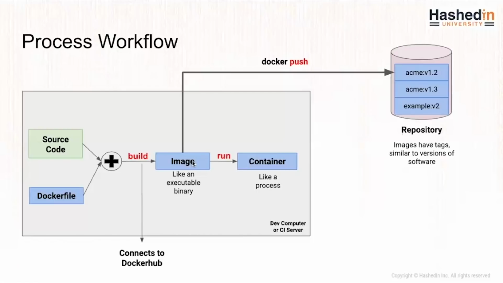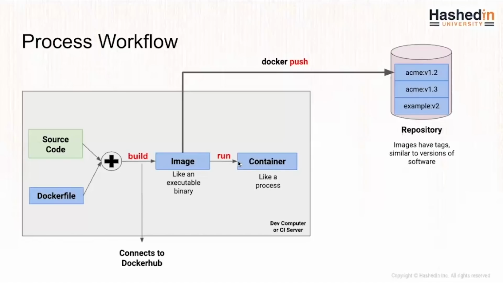Then when you want to run that application and that exe, just double click it. So there's a command in Docker which says run this image, what you have built already. So it runs. So from a Dockerfile, you build an image and then you run that image once the image is successfully built. And that process after running is called a container.